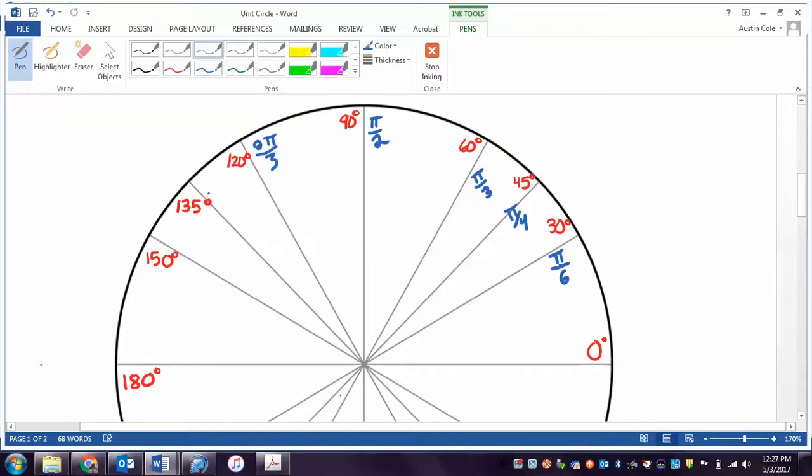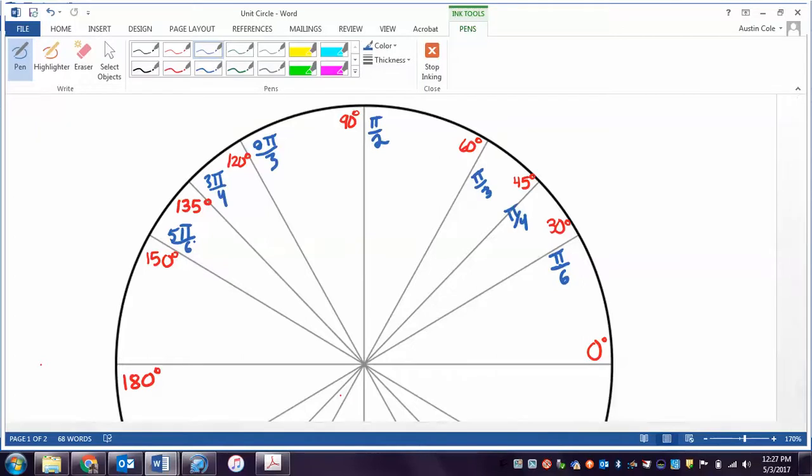It's over 4 since it's a 45. 3 pi over 4, right? 3 pi over 4. All right, 150 degrees was 5 pi over 6. Remember every 30 degrees we go up by a pi over 6, right?